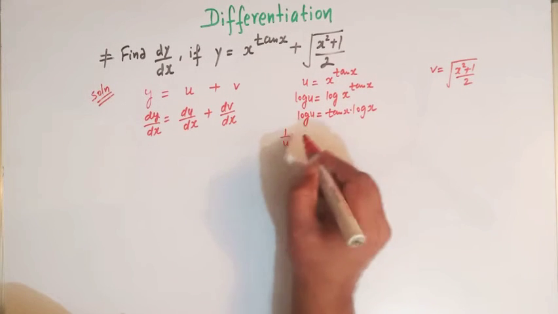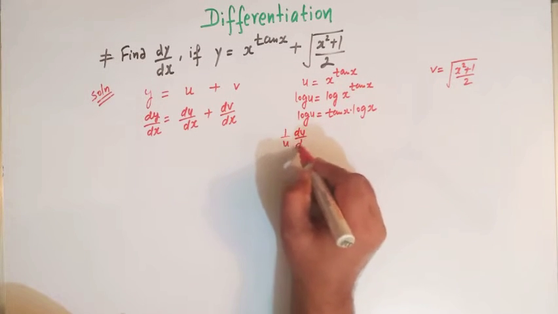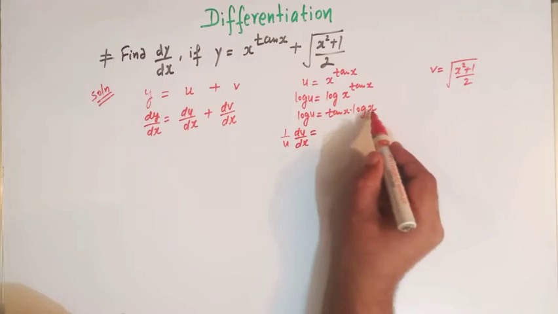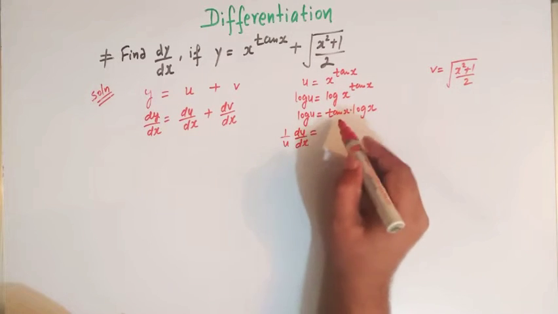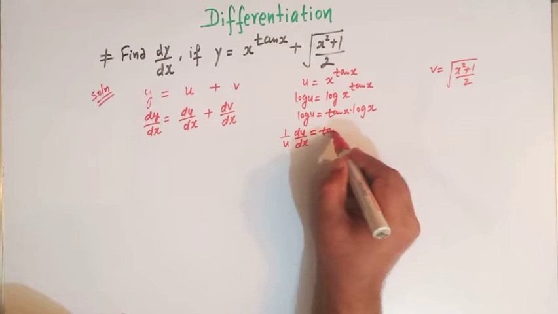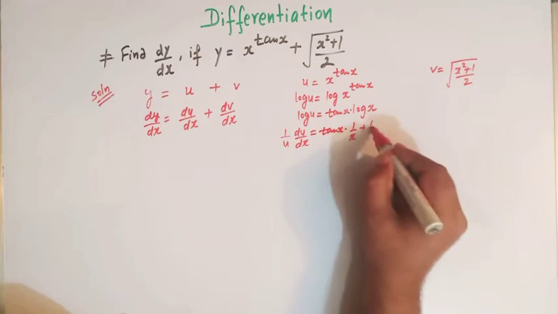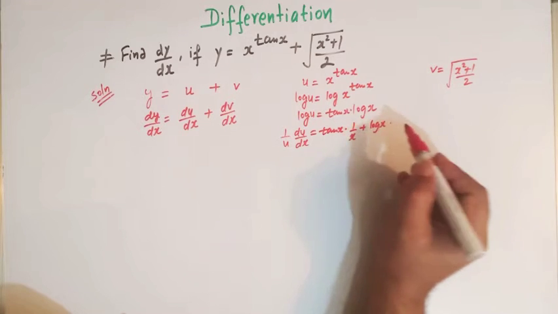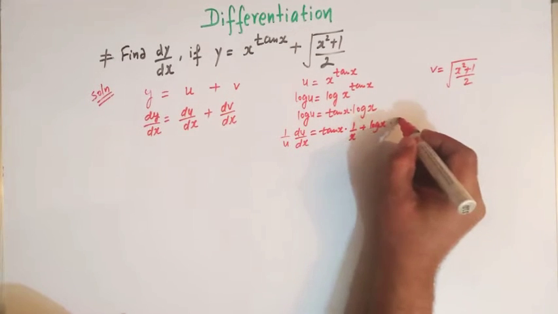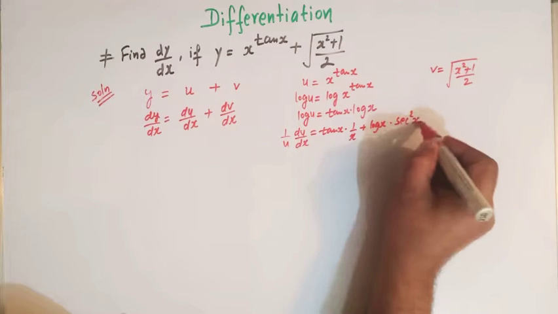So we have 1 over u du over dx, and here we have the product of two functions. So 10x, derivative of log x is 1 over x, then we have log x, then derivative of 10x is sec square x.